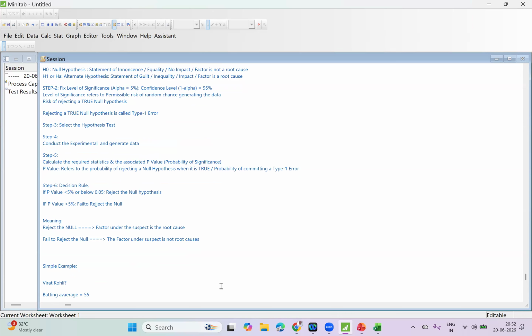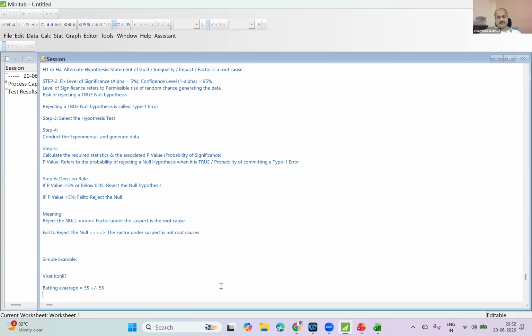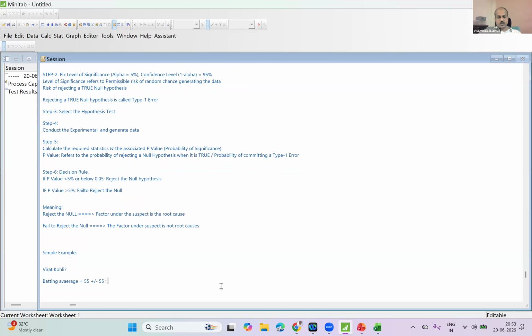Close to 50 or 55, right? So I'm saying that his batting average is 55 plus or minus 5. That means you are seeing him, 95% of the time, maintaining his batting average from 50 to 60. Yes or no?